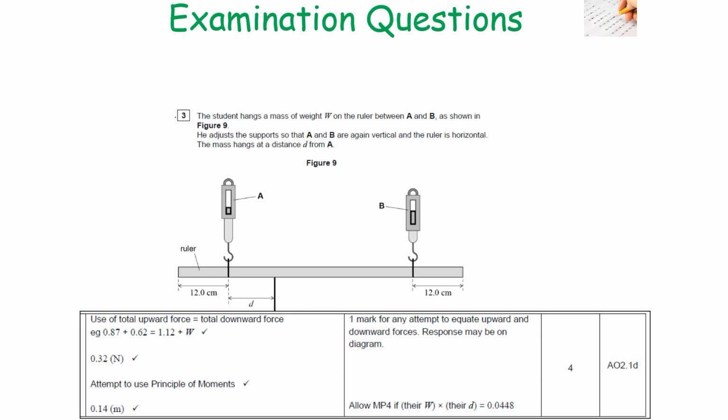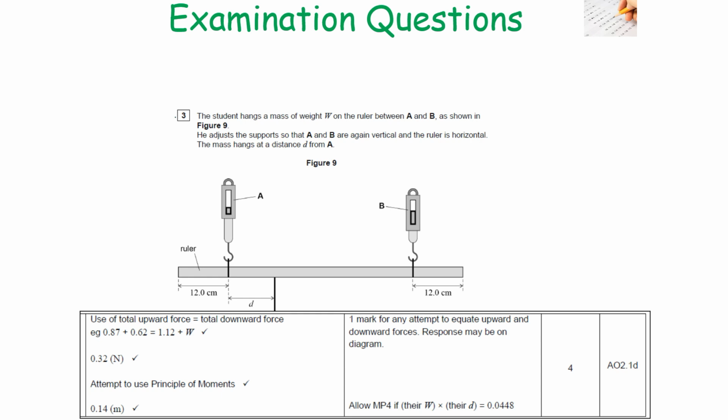We then use the principle of moments to work out our particular answer. Now, the easiest way to do this is take the moment about a point and consider where that point is. Also remember when you're doing this, that you've got to consider the moment due to the weight of the ruler, which is found in the dead center of the ruler with a force of 1.12 newtons.